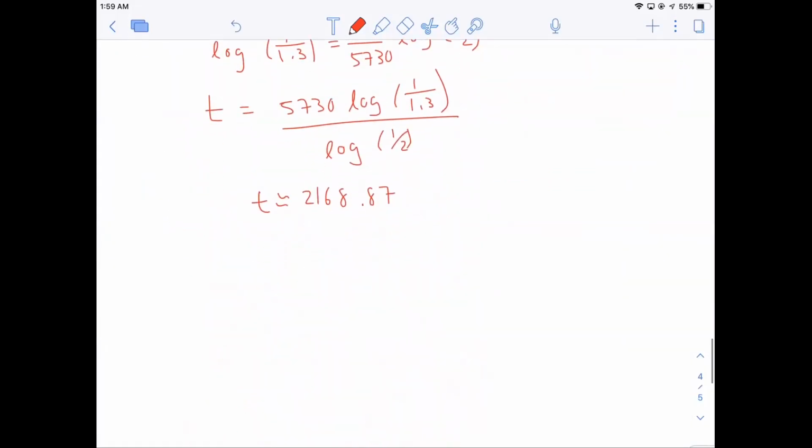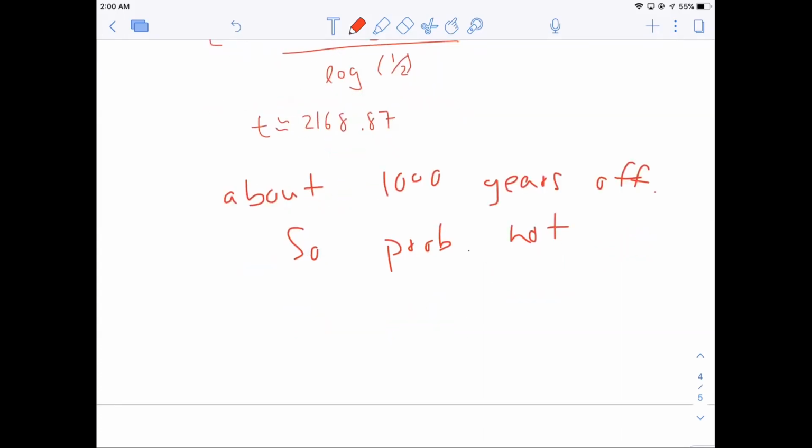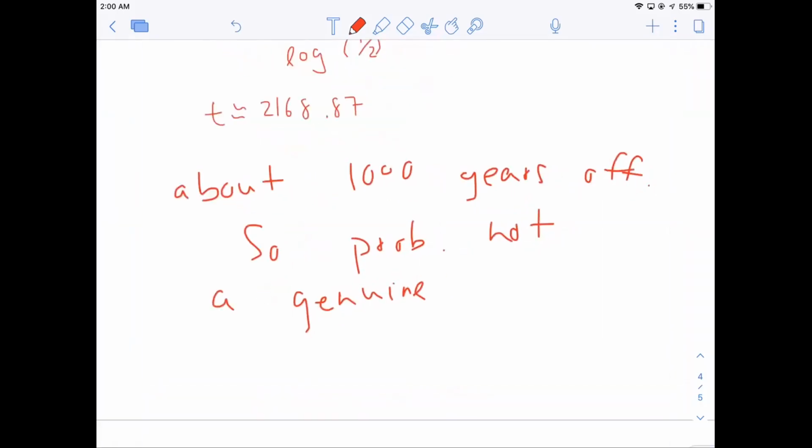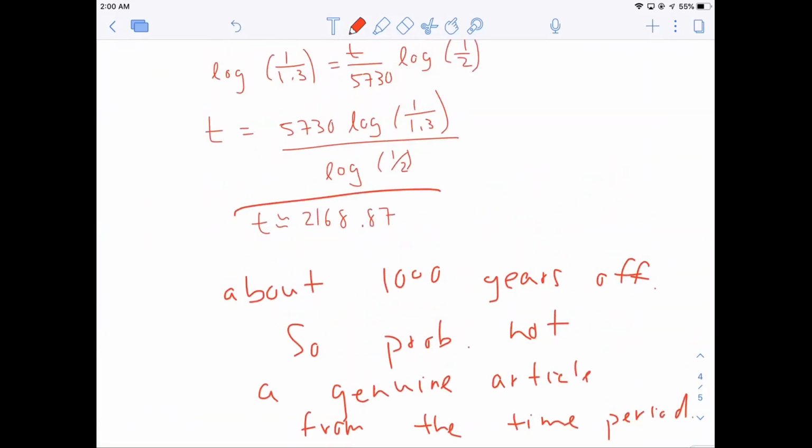It's about 1,000 years off. So probably not a genuine article from the time period or something like that. It's a weird question at the end, but there's the math to support it.